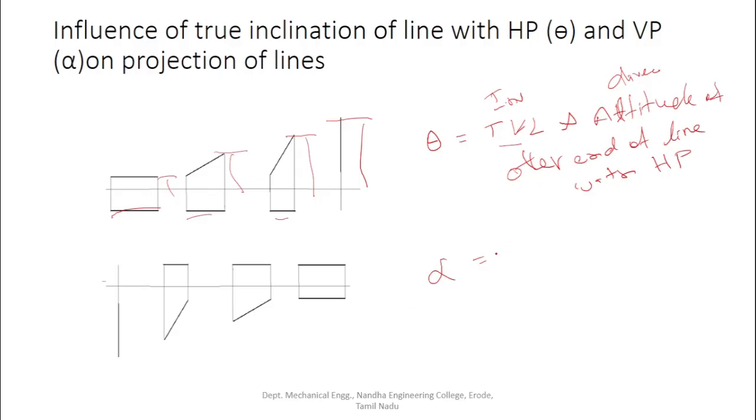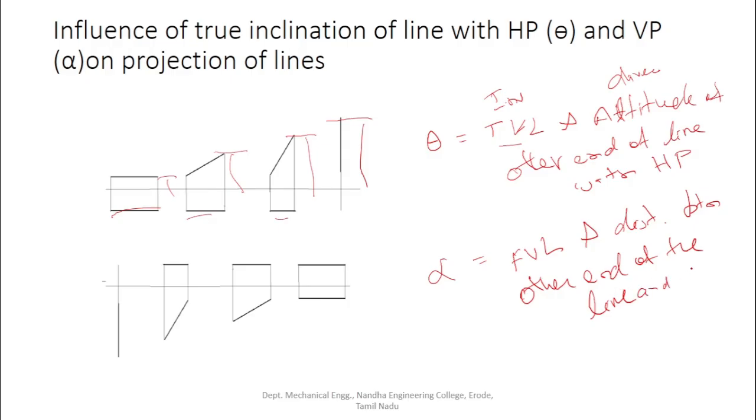So alpha is influencing the front view length and the distance between the other end of the line and XY or VP.